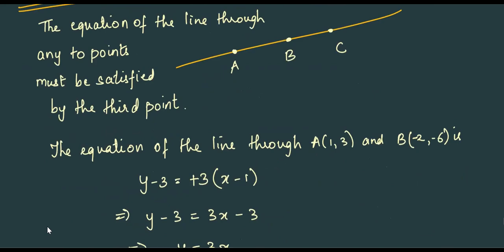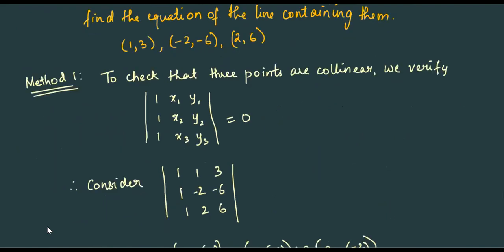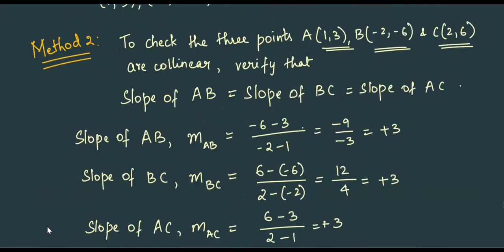Whichever you are comfortable with, you can do that. There are 3 methods I gave. One is to use the determinant to find the collinearity. With this, you can find the collinearity, but after that, you need to find the equation of the line. In the second method, check the slopes of any 2 pairs of the points, AB, BC or AC. Take any 2 segments and find their slopes. If their slopes are equal, then the points are collinear.